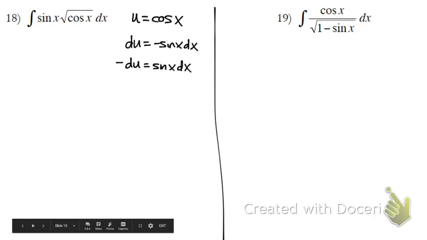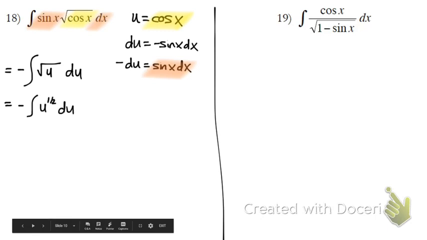And if I make some substitutions, cosine of x is replaced with u. Sine of x dx is replaced with negative du. If I rewrite my integral, I have a negative integral of the square root of u du. If I rewrite this, I have negative integral of u to the 1/2 du.